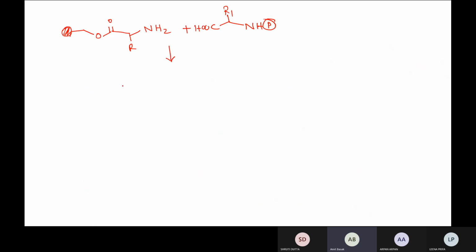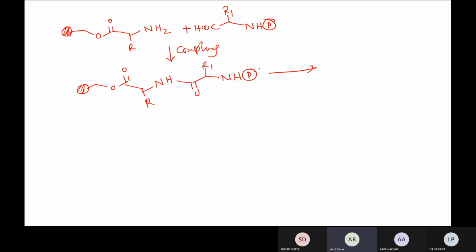So you have this, this is what is called coupling, and you have NH, R, sorry, NH, and then it will be NHCO. This is the peptide bond, and then you have R1, you have NH protection.